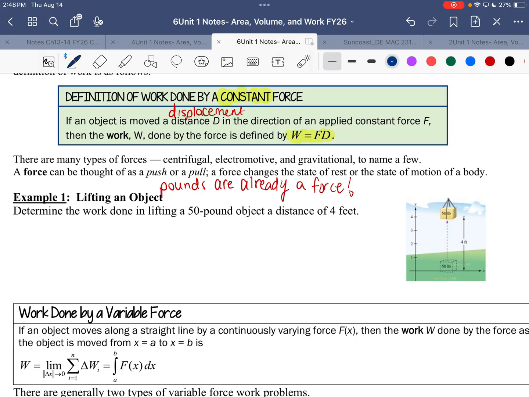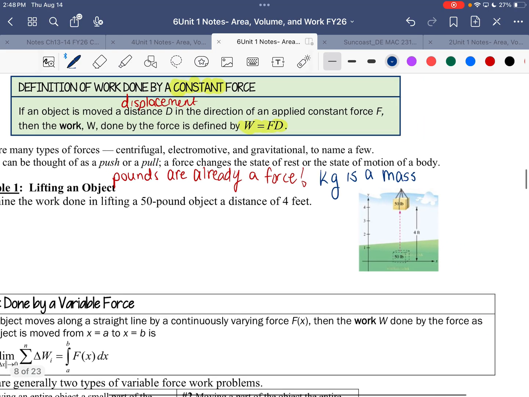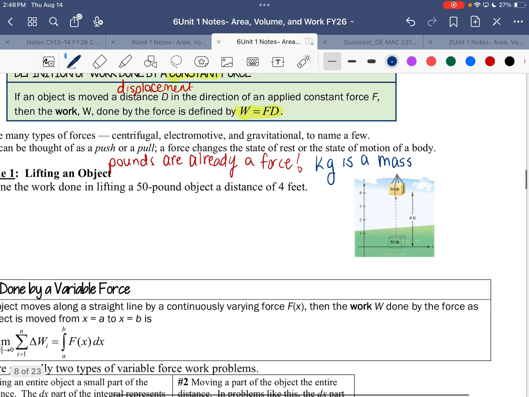Those of you who have taken physics are probably familiar with having to make a mass into a force. In physics, they usually use standard units, like kilograms, and you have to take kilograms and make it into a force by multiplying by gravity. If you're in kilograms, that is a mass, not a force. It needs gravity to be a force.